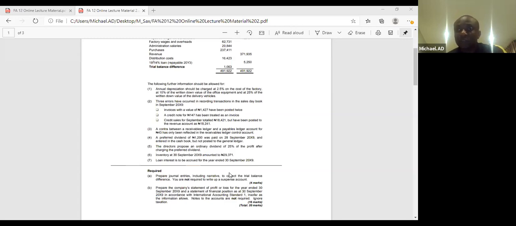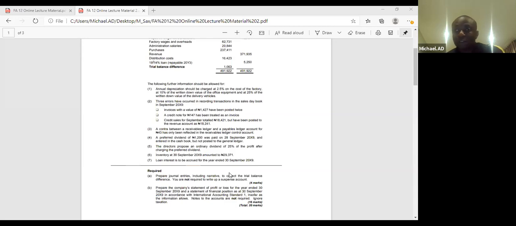First, an invoice with a value of 1,427 was posted twice. A credit note of 147 has been treated as an invoice. Credit sales for September totaled 18,421, but have been posted in the revenue account as 18,241. So these are errors.